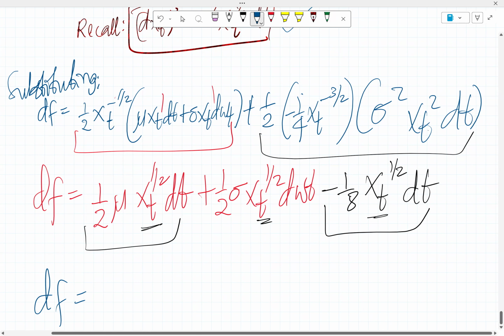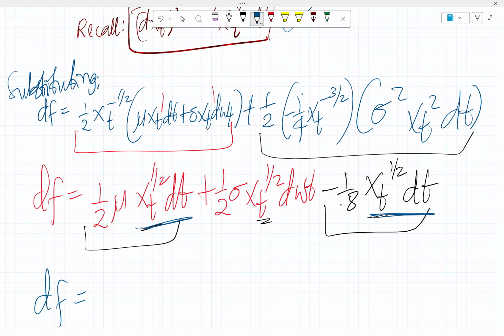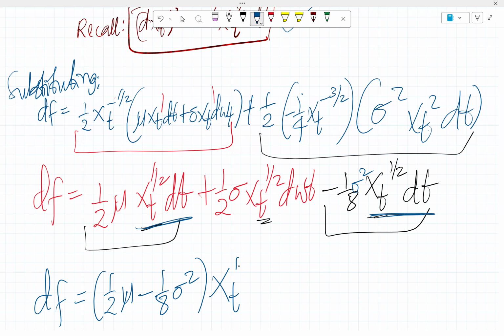Here xt dt is common to both of them, but we have half mu minus 1 over 8 sigma squared, xt raised power half. Taking care of these two, then plus half sigma xt raised power half dwt.